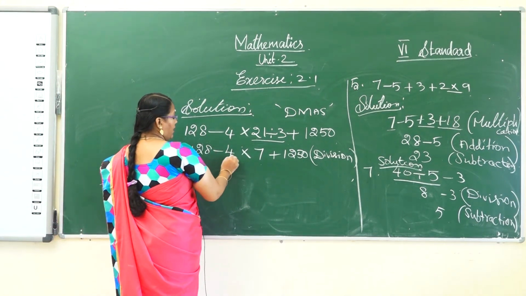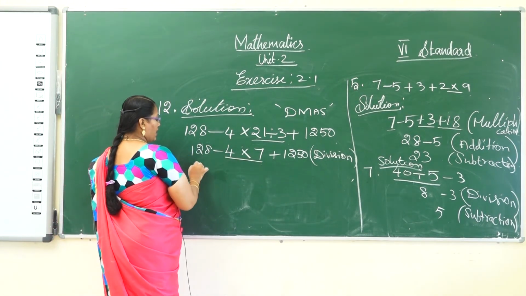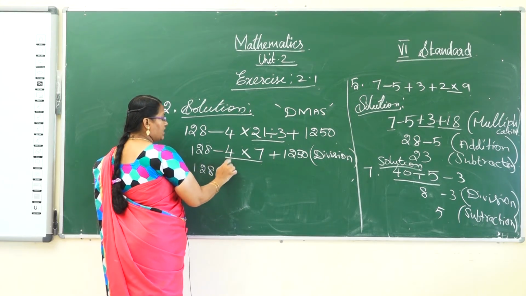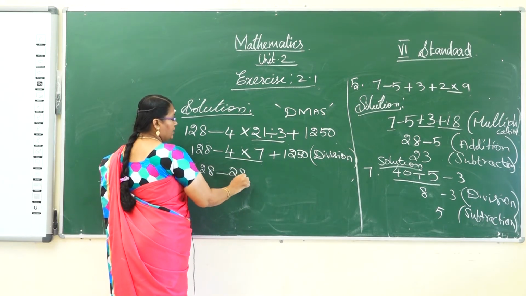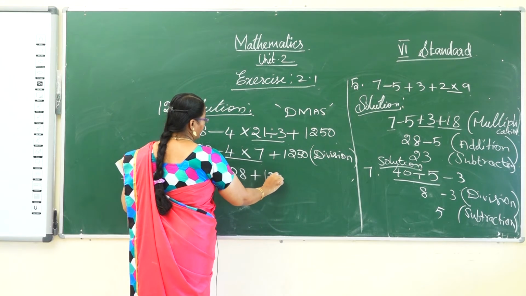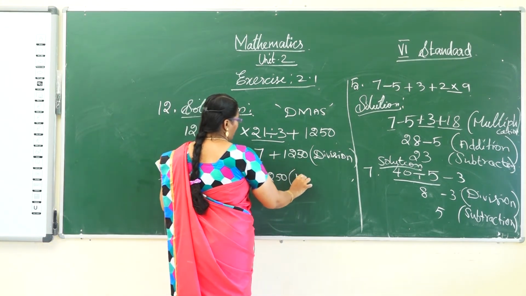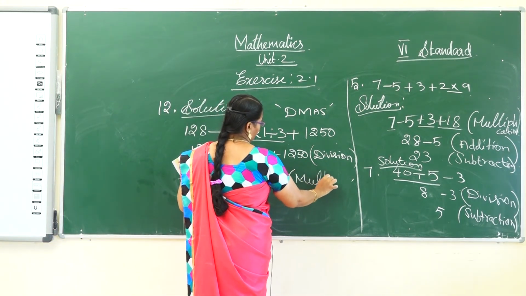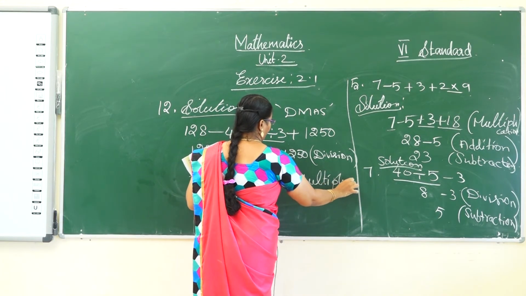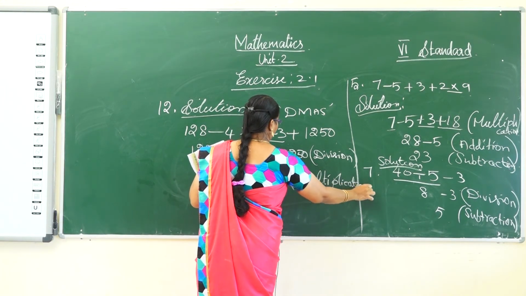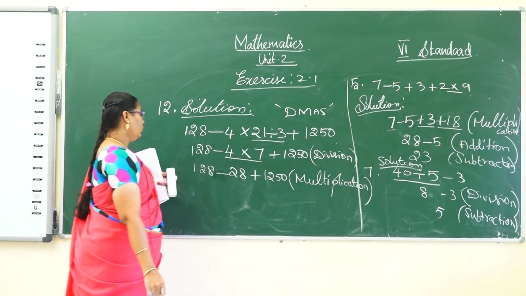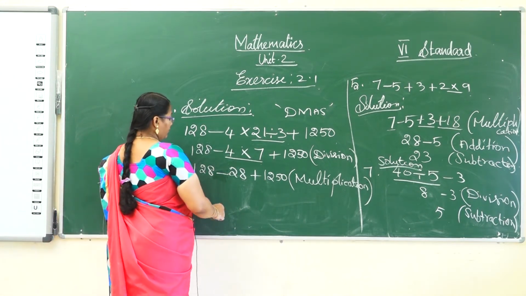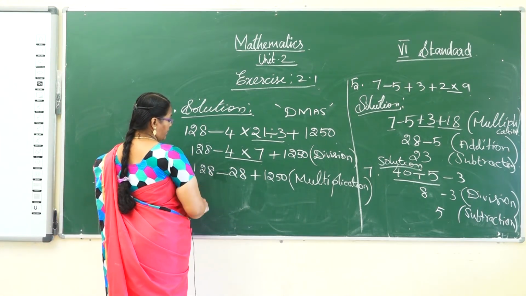Next preference to multiplication: 4 sevens are 28. So 128 minus 28 plus 1250.